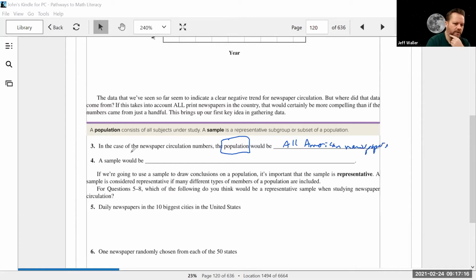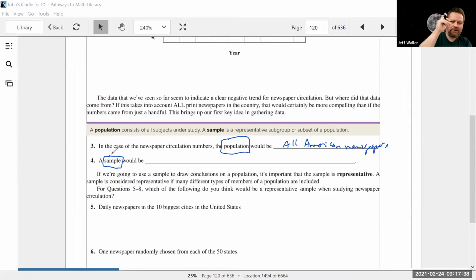Now, what's a way that we could take a sample? So we have all American newspapers. Can somebody come up with a way to take a sample? We put the name of all of them in a hat and then pick them out. Yeah, exactly. I love it.